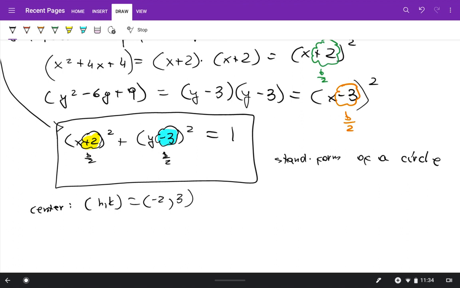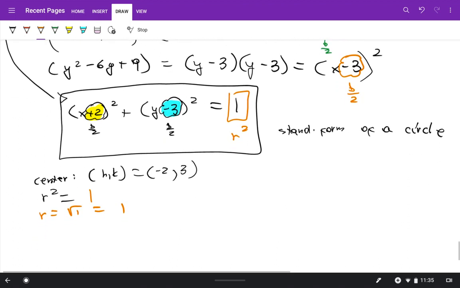That's the center. Radius squared always matches the number on the right side. So radius squared is equal to 1, and the radius is the square root of 1, which is 1. And we can just graph it.